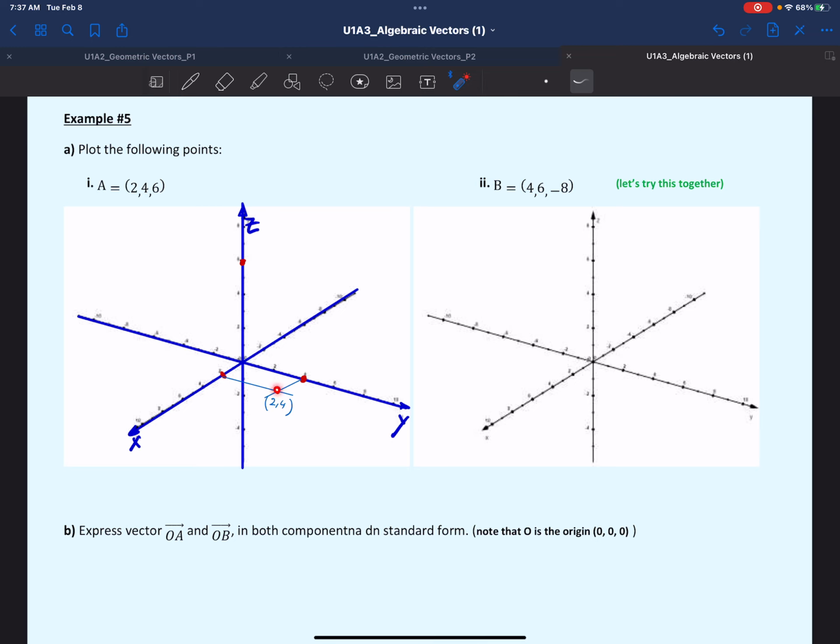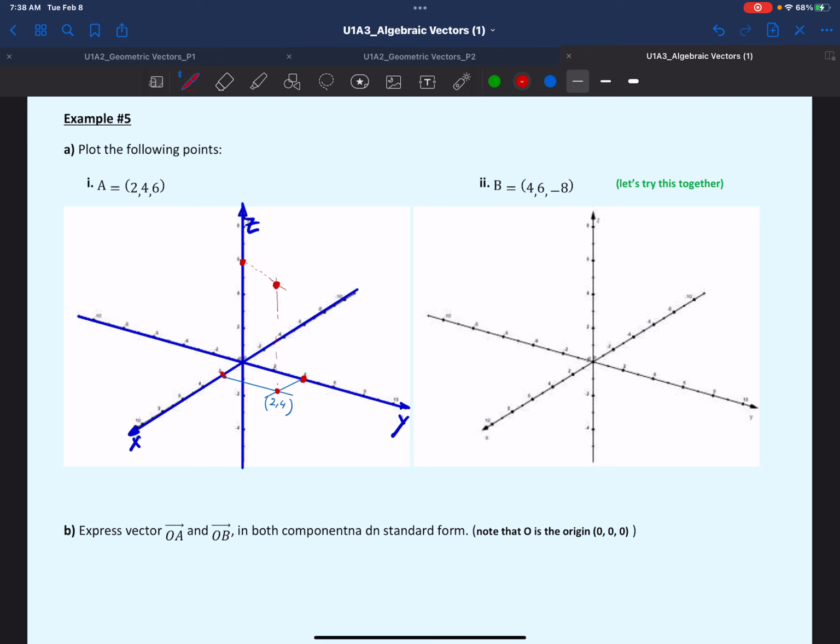Now, from the point 2 and 4, I'm going to go ahead and define the z coordinate. So for the z coordinate, knowing that z is 6 units, I will go up 6 units, okay? So it seems that 6 units will be somewhere in here. And right here at this point, now remember that, again, when we do this, we want to make a parallelogram or a rectangle, right?